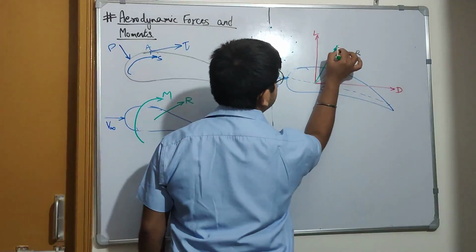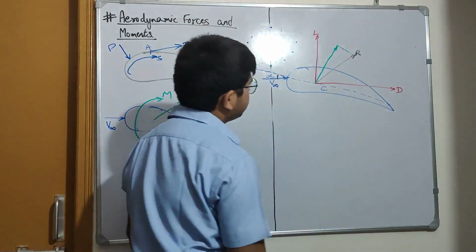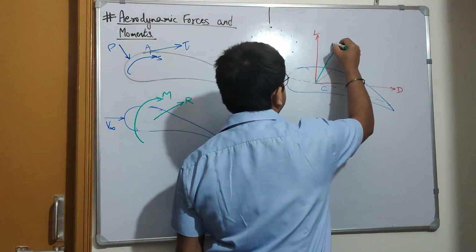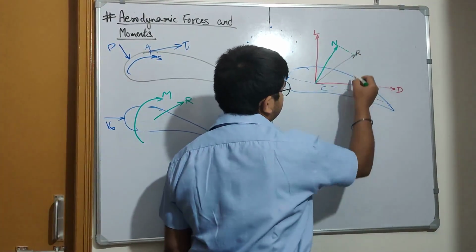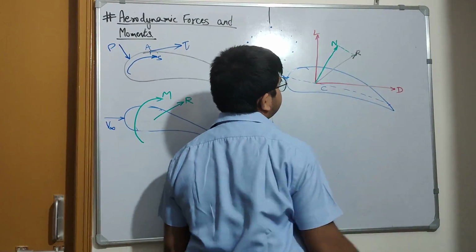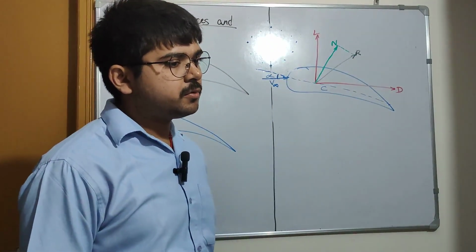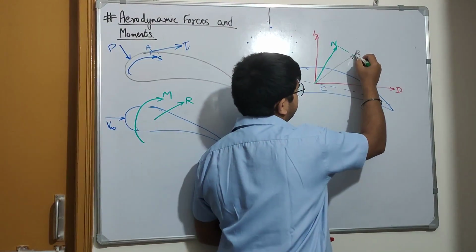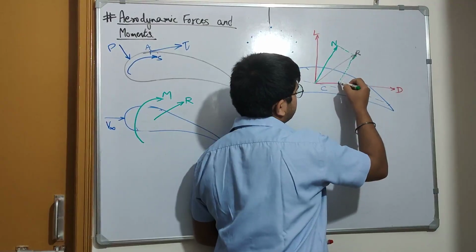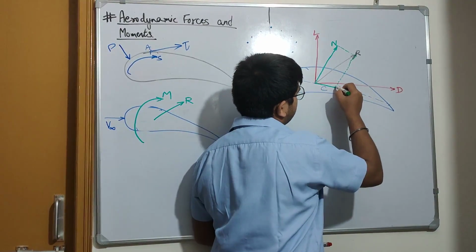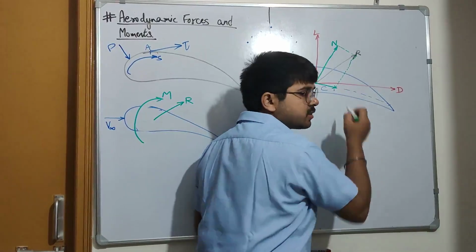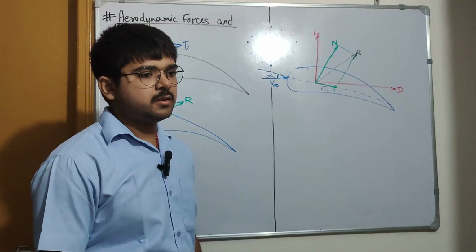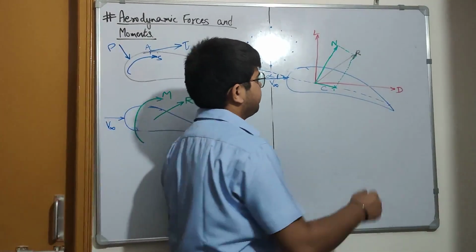So this is the component N, and if I take a component parallel to the chord, then that will be A. So I'll take the component perpendicular to the chord, N, and this force is A.